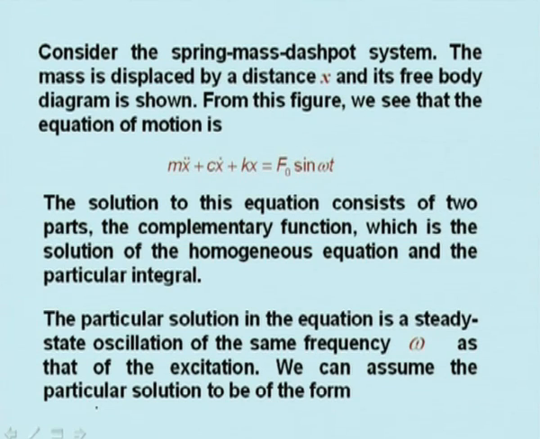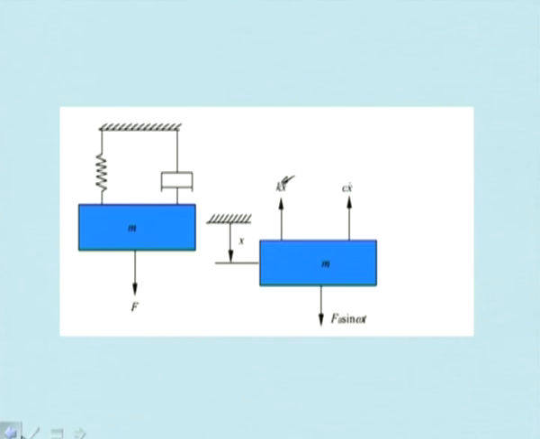Now consider the spring mass dashpot system. The mass is displaced by a distance x, and the free body diagram is as shown. From this figure, we see that the equation of motion is m x double dot equal to minus kx minus c x dot, plus F0 sin omega t.